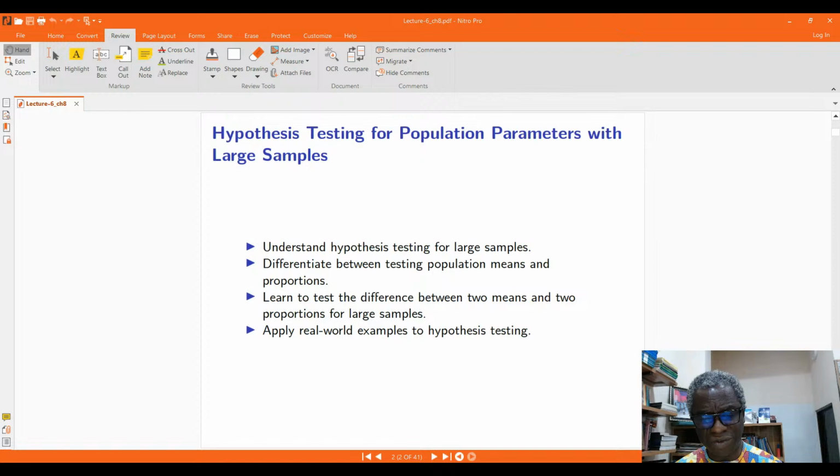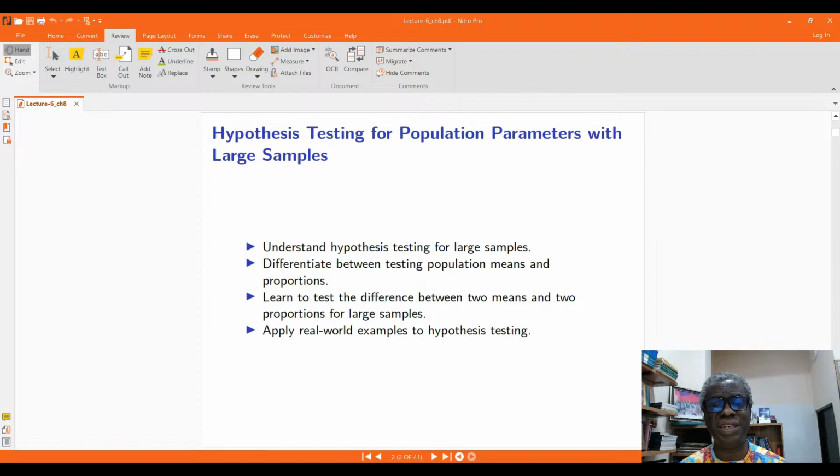We will also explore how we can test the difference between two means, and also the difference between two proportions. We will consider practical examples to solidify our understanding.